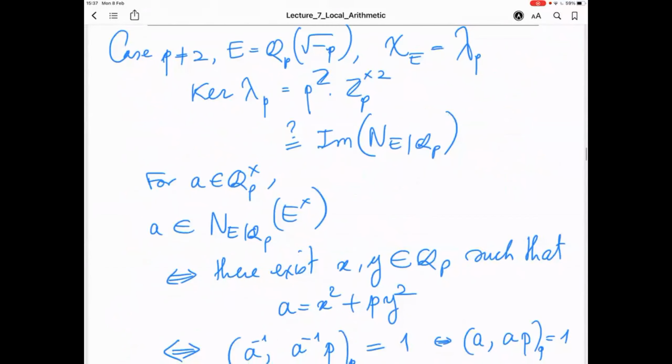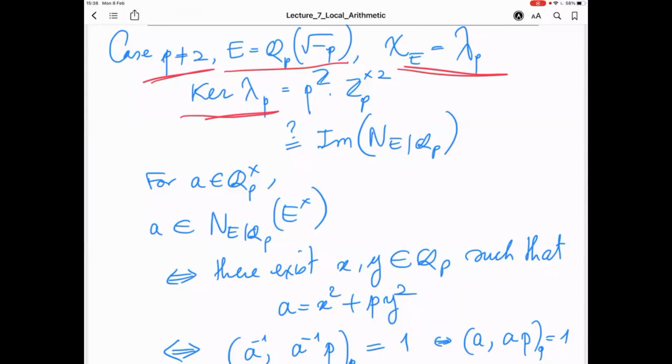So let's consider the case where the prime p is odd and I take E to be this quadratic extension, Q_p adjoined root of minus p. And the quadratic character corresponding to this quadratic extension is lambda_p. So what is the kernel of lambda_p?